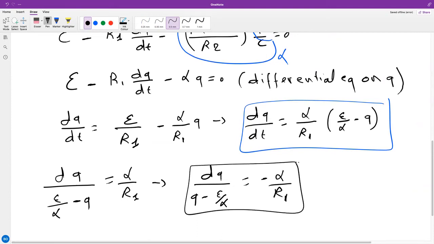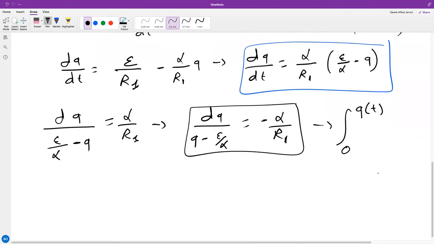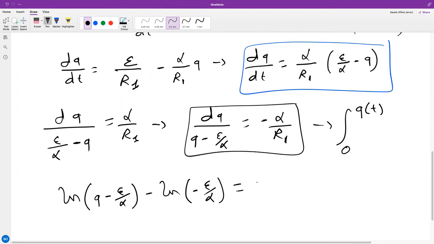I can integrate this between 0 and the charge at any time t. The integral gives me ln of (q minus E over alpha) minus ln of (minus E over alpha) equal to minus alpha over R1 t.